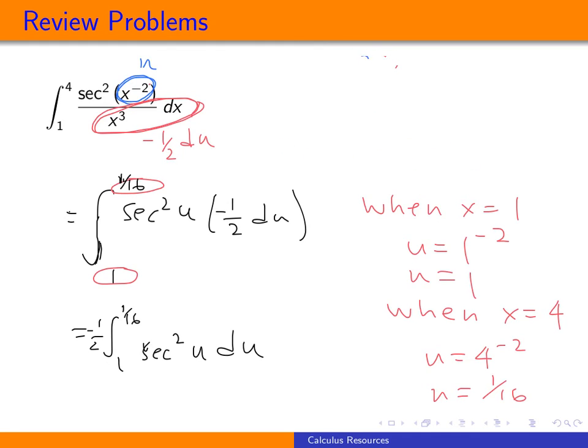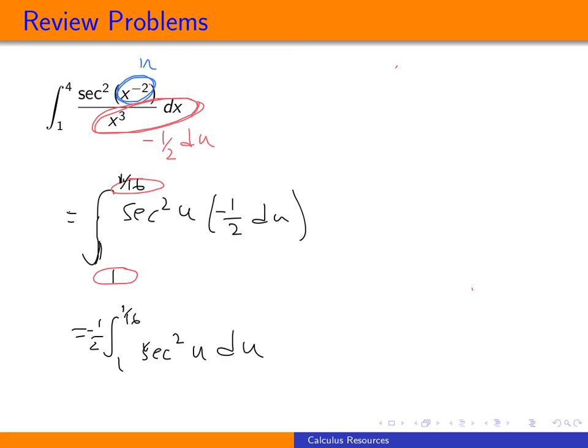That's just tangent u. So my integral is now, we can antidifferentiate, and we get that it's going to be equal to negative 1/2 tangent u, evaluated from 1 to 1/16.